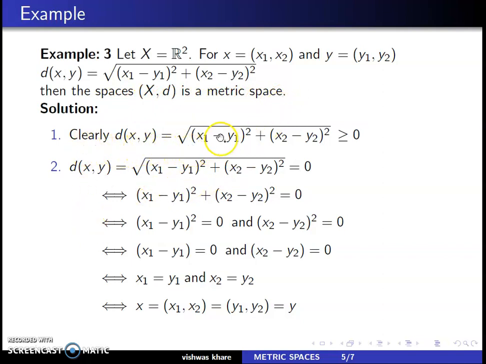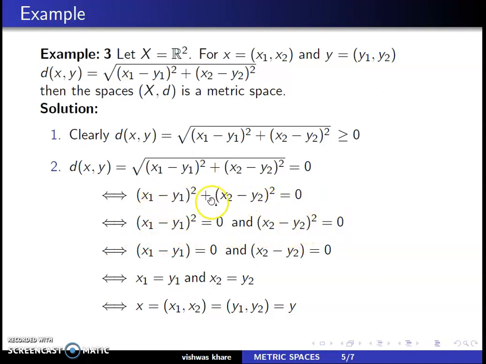First, d(x,y), clearly the square root of (x1 minus y1) square plus (x2 minus y2) square is greater than or equal to 0. For the second property, d(x,y) is equal to 0 if and only if (x1 minus y1) square plus (x2 minus y2) square is 0, if and only if (x1 minus y1) square is equal to 0 and (x2 minus y2) square is equal to 0.